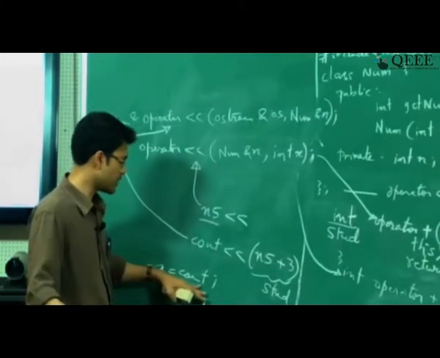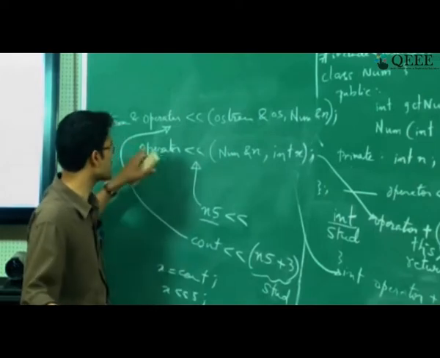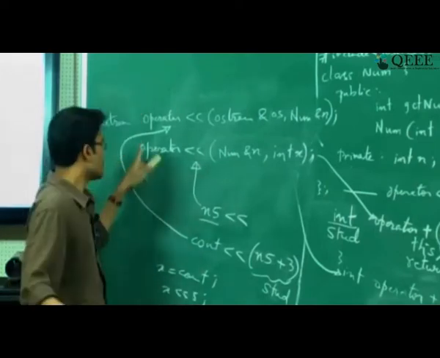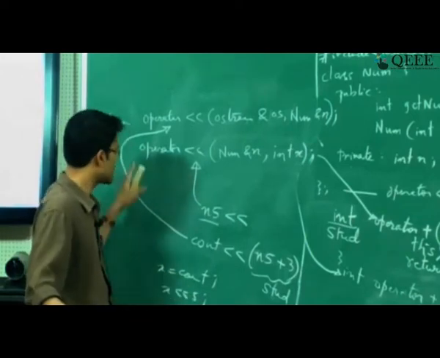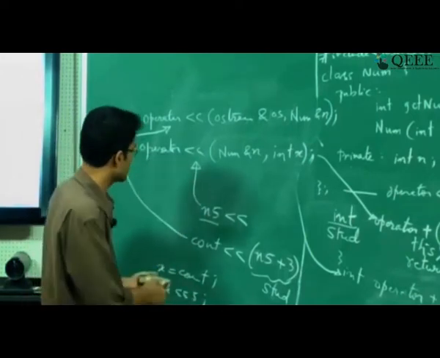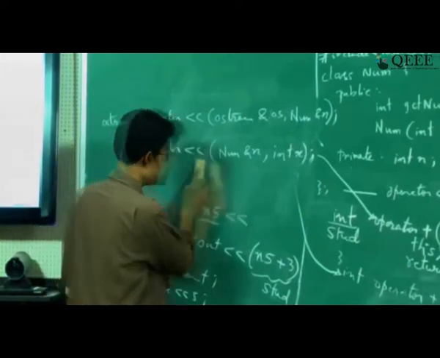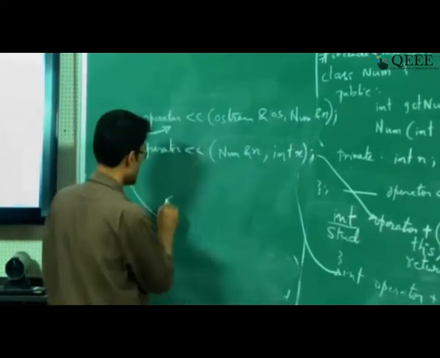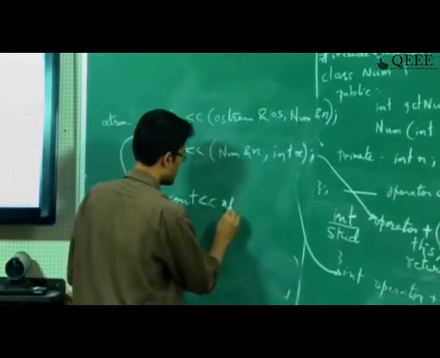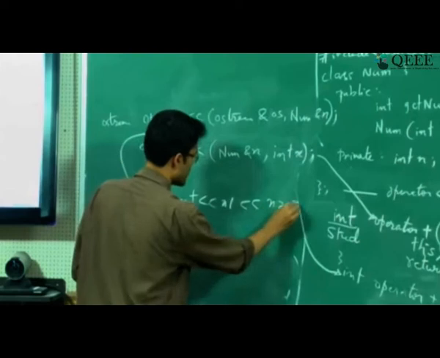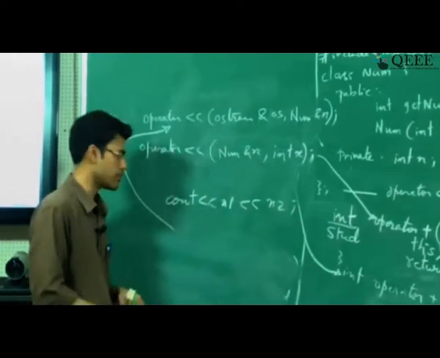So this particular aspect is going to come into the picture as soon as I remove this ampersand. If I remove the ampersand, then I'm making a copy of cout, and that copy, if you invoke... let me just give you that example. We have cout and then N1 and then N2, where N1 and N2 are some arbitrary user types.